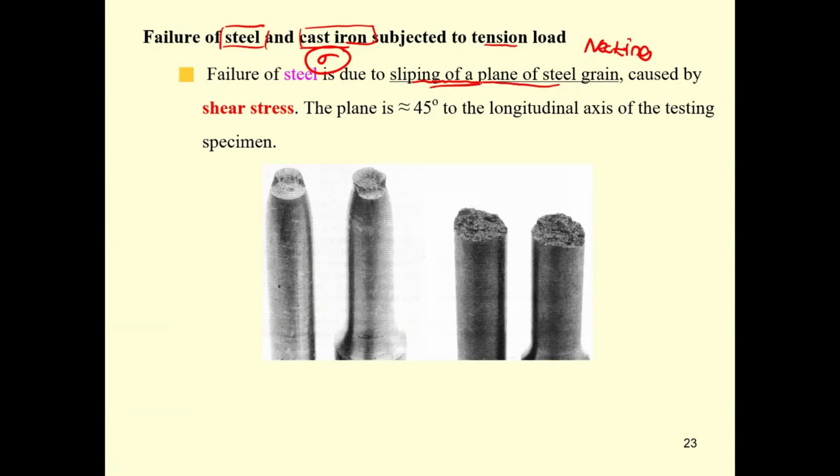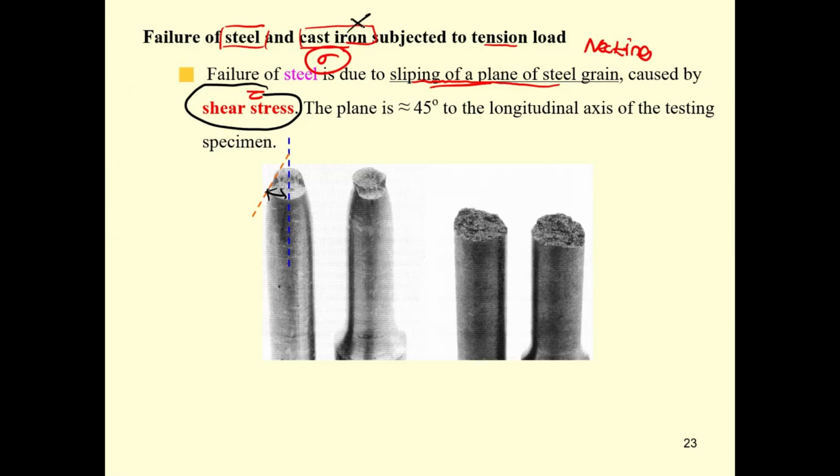The slip occurs due to the shear stress. That means steel subjected to the normal stress fails by shear stress at a 45-degree angle. Okay, you have evidence of this in the necking of the steel.